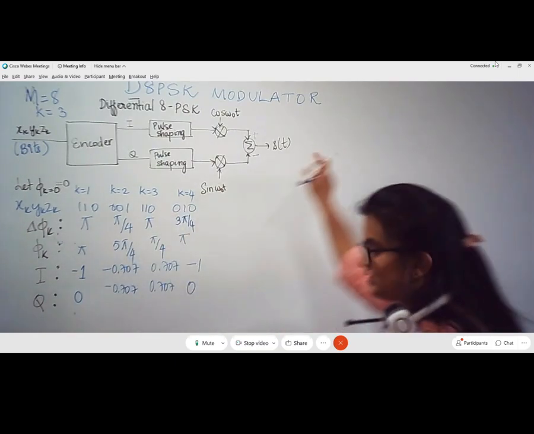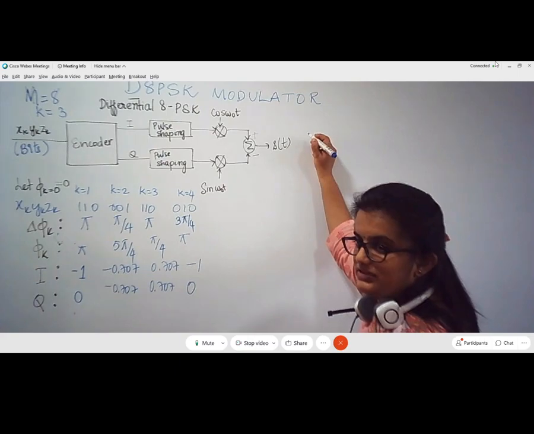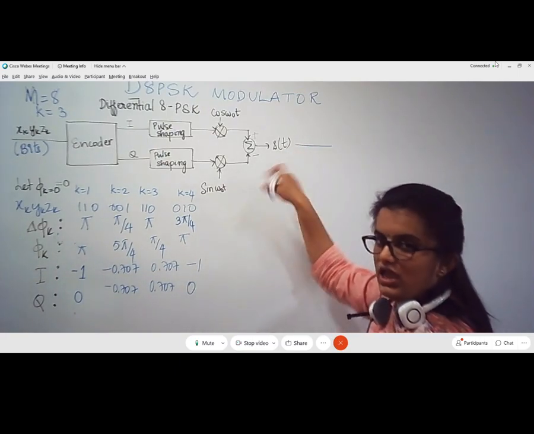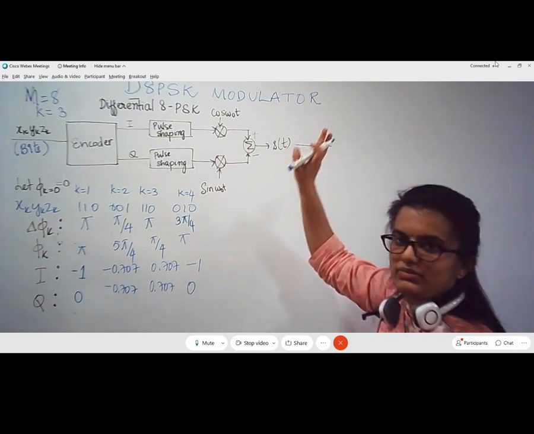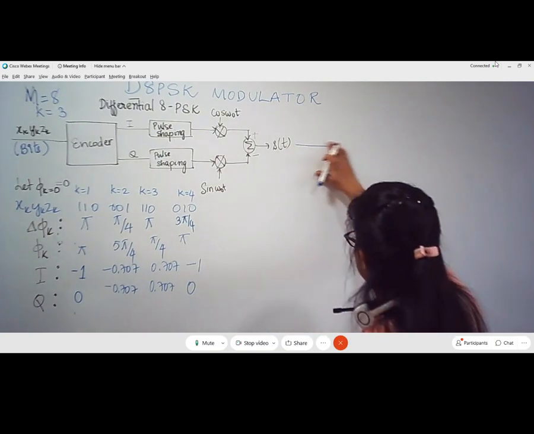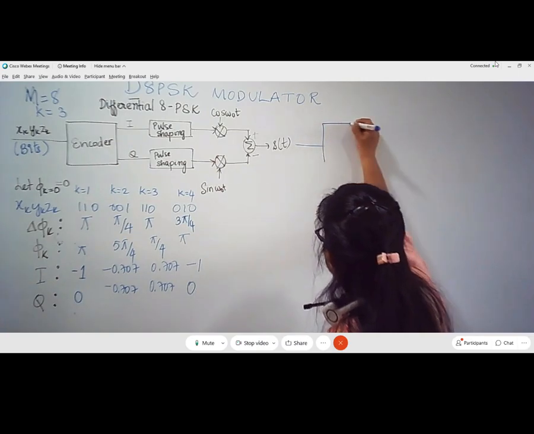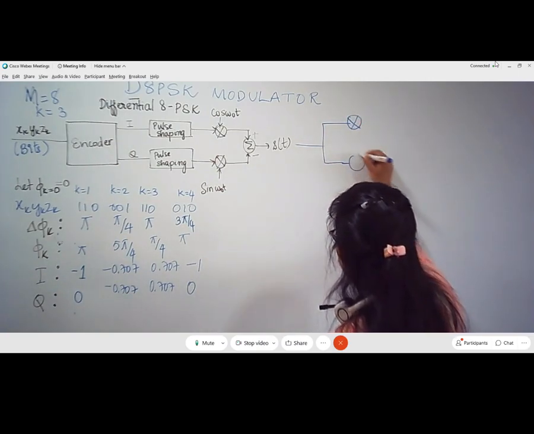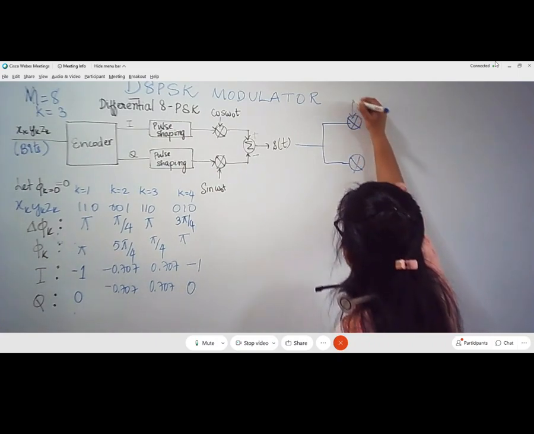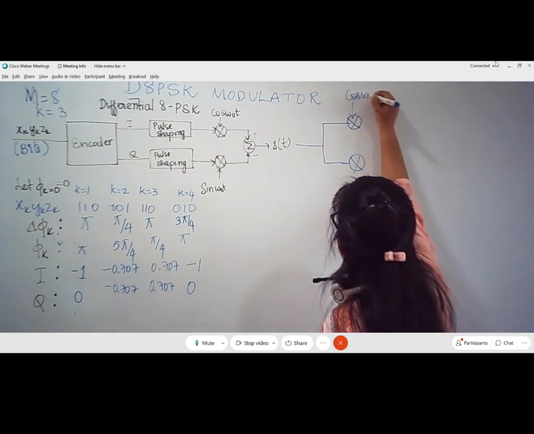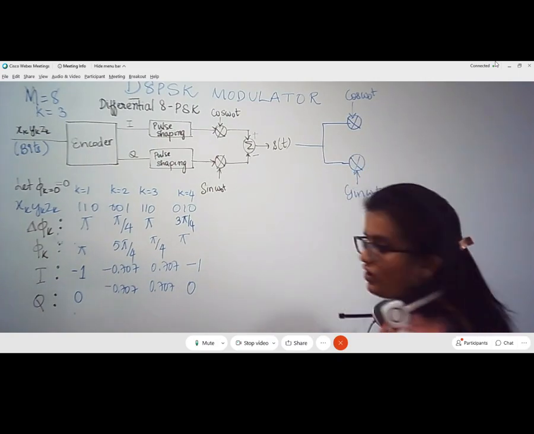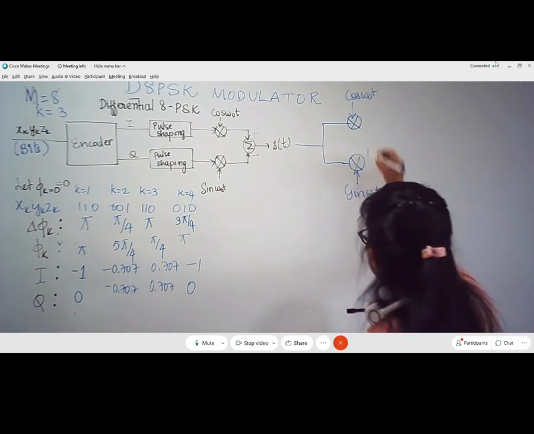S of t is transmitted. Now in the demodulator, we do the exact reverse process. We obtain this S of t along with the noise. There will be noise, but assume that as of now there is no noise in the channel. We will pass this S of t into another multiplier, where you generate the carriers or the basis functions, where one is the cos function and the other one is the sine function.